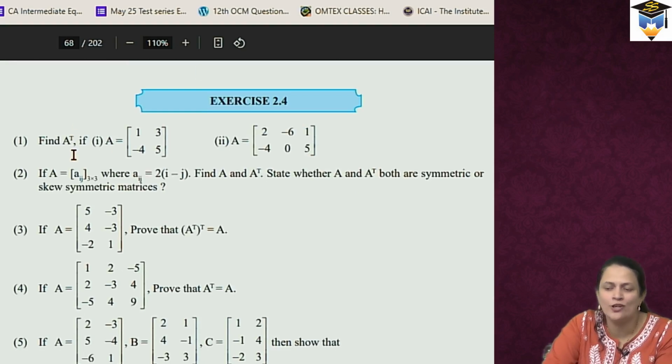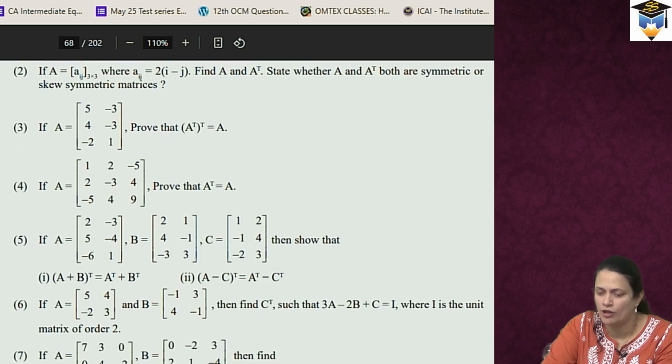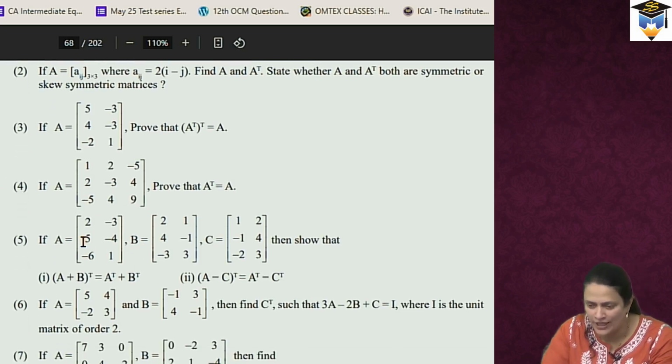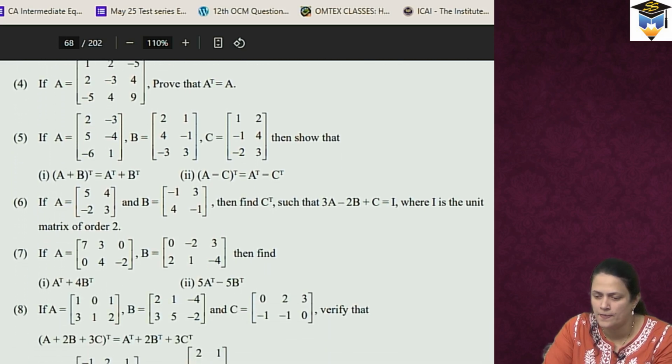From this, question number 1 is very easy. You can do it on your own, okay. Now we can go to the exercise. From this exercise, question number 5 we can do right now, okay. 5 is important. Then 8 is important.